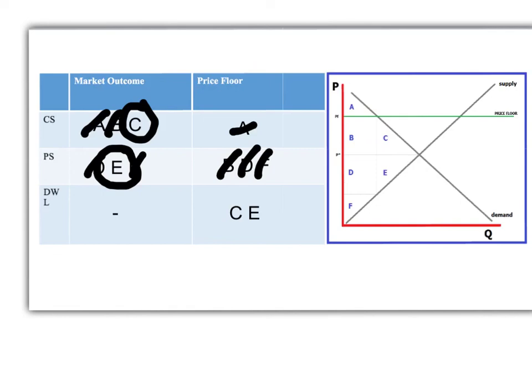And so in this situation, with no other market failures, we see from a microeconomic perspective that when we move from a market setting to a price floor, we adjust around some consumer and producer surplus. We shuffle it from the consumers to the producers, and we also take on some deadweight loss, the deadweight loss triangle CE in this case.